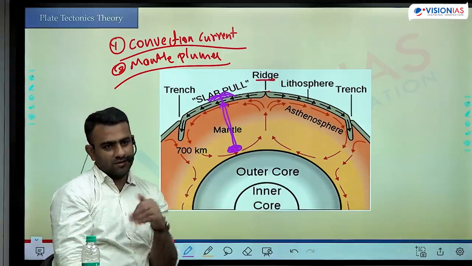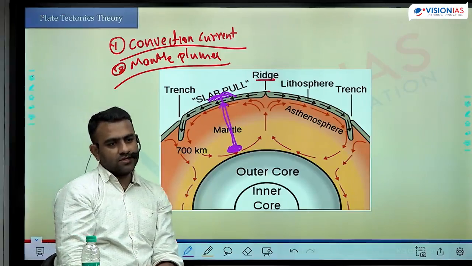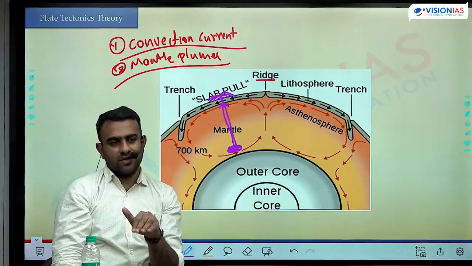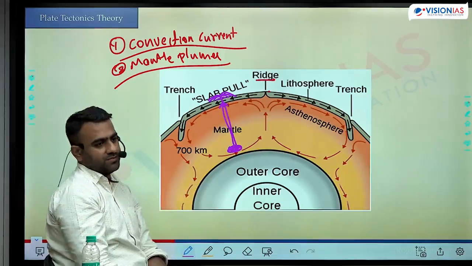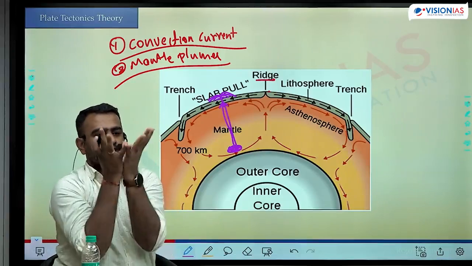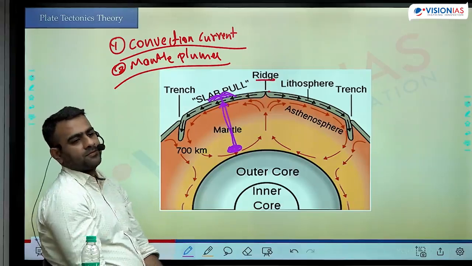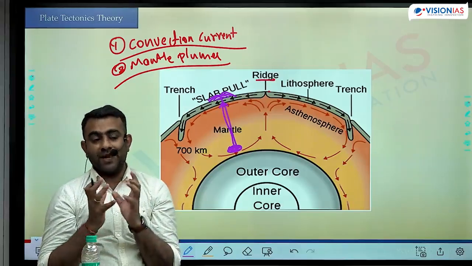Energy तो चाहिए ना. That energy is transferred from the lower part to the upper part by this mechanism. And जैसे आके ऐसे hit करेगा, ऐसे push करेगा ना, it will push the plates also. It causes intra-plate movement.